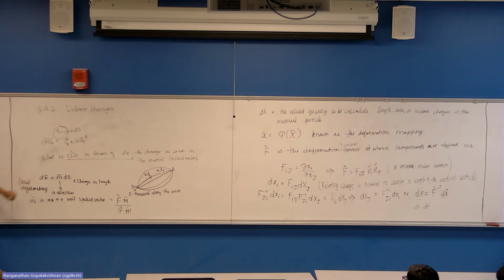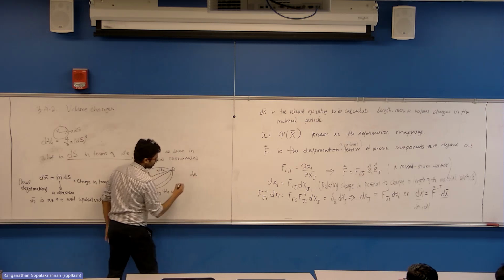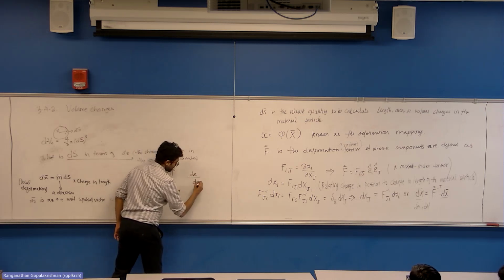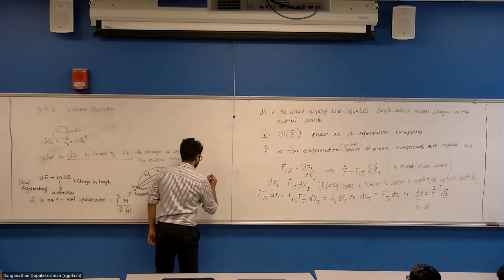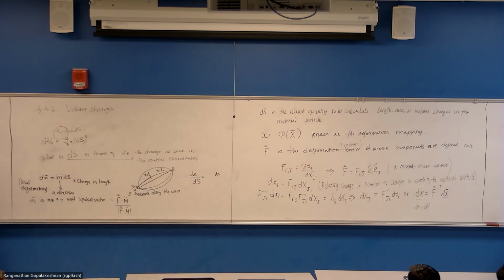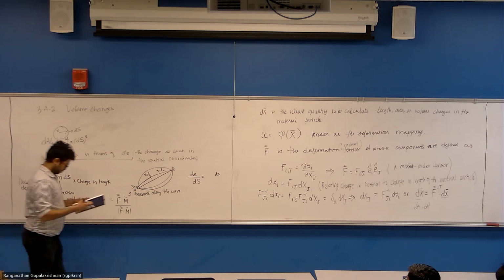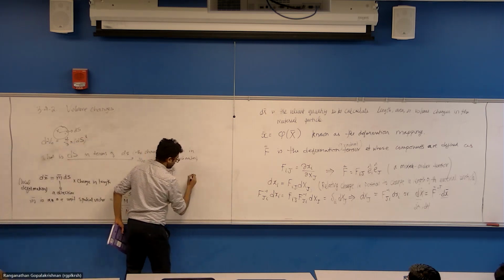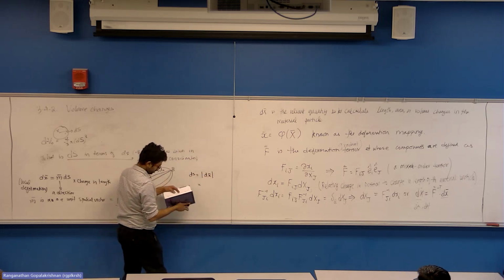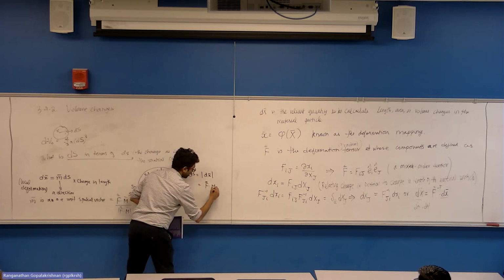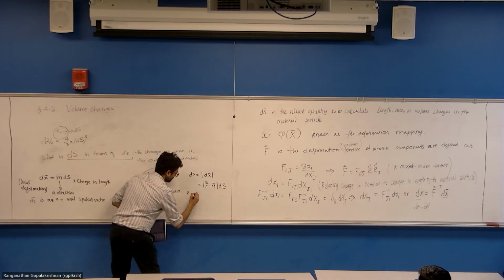So what we are establishing here is that you can compute the change in length in the spatial coordinate with respect to the change in length in the material coordinate as ds is equal to the magnitude of dx, which is equal to F dot M ds.